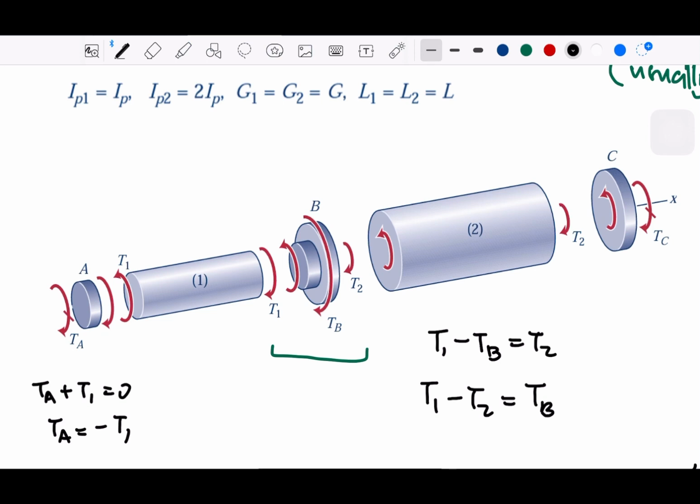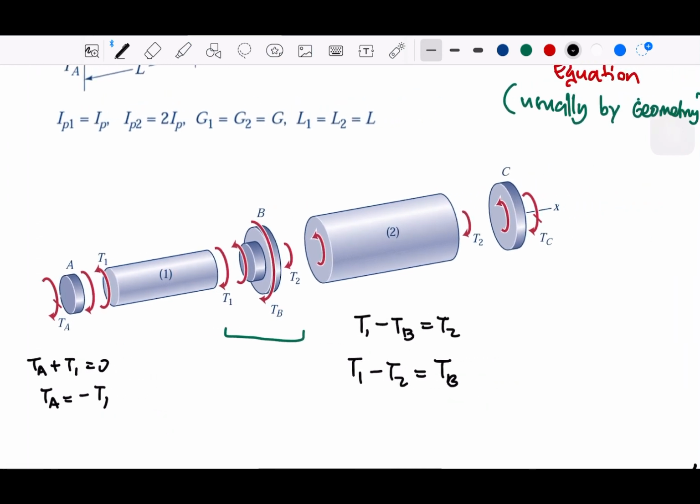At the end, if we get the opposite sign, it means it is in the opposite direction of the rotation. It's as simple as that, like we did previously in chapter 3. So TC will be equal to T2.